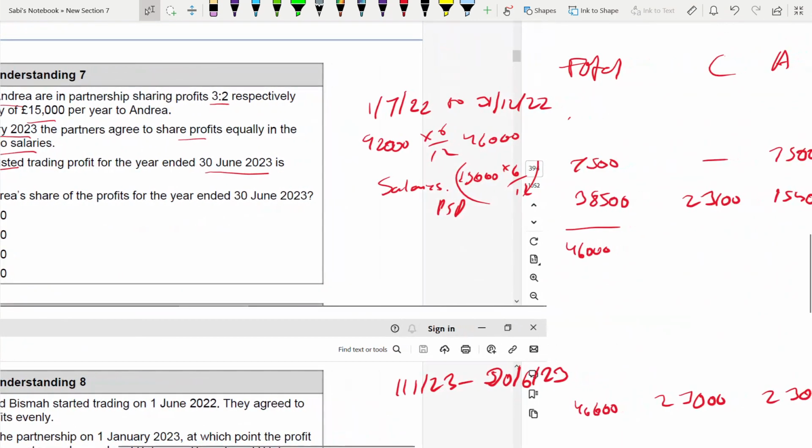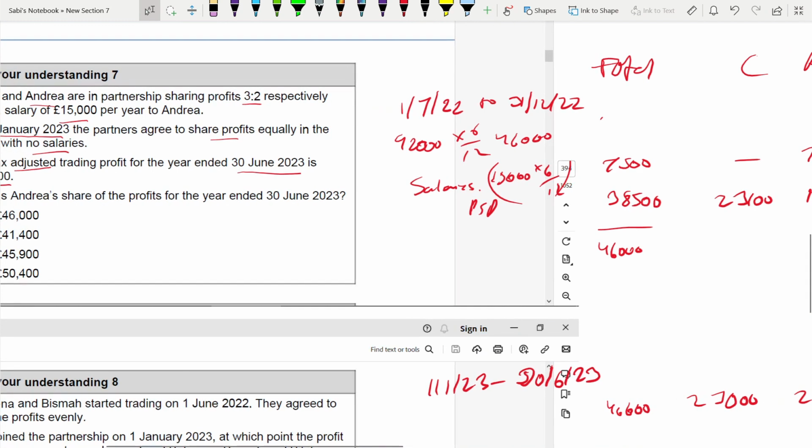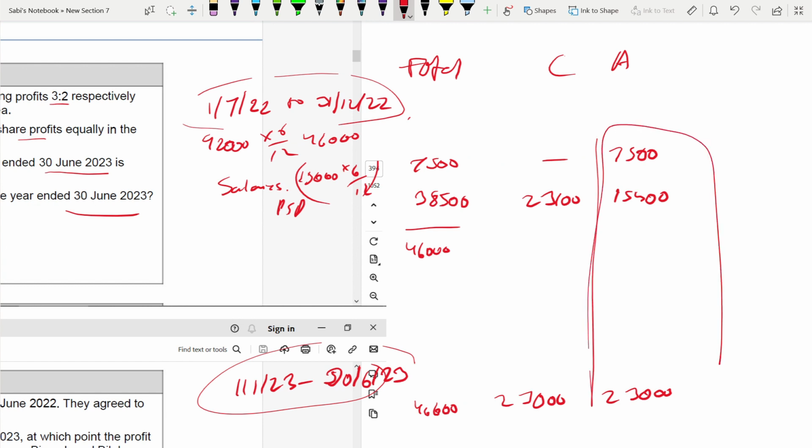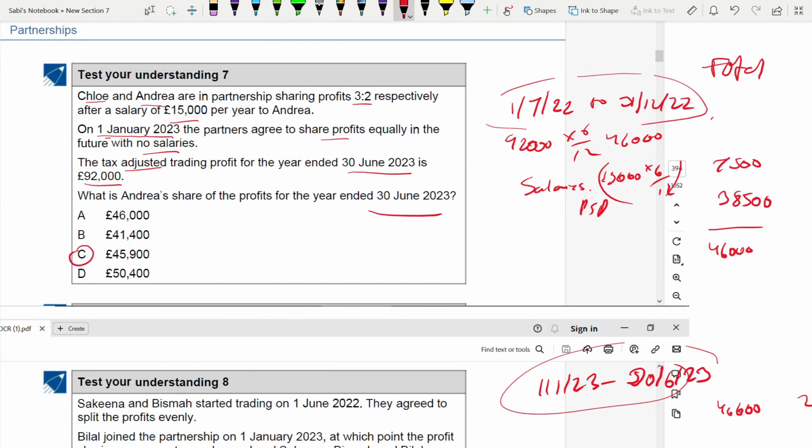What is Andrew's share of profit for year ended 30th June 2023? You have to add this period and you have to add this period. You have to add all this, isn't it? So it will be 45,900. C is the right answer.